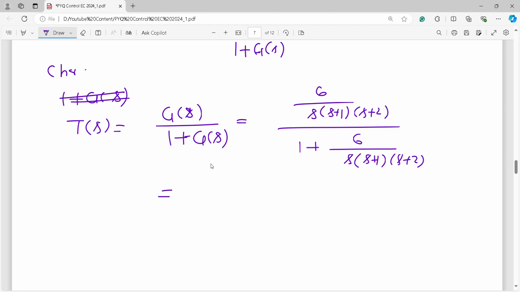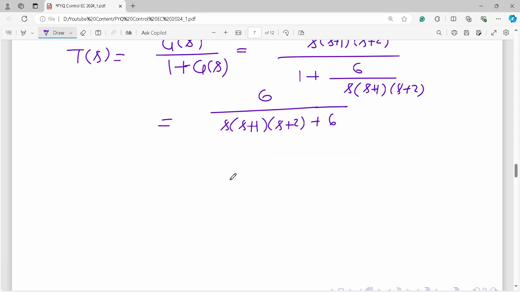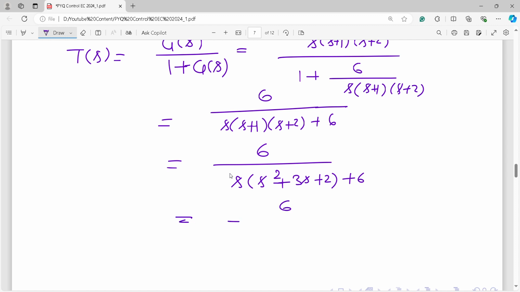So it's coming 6 by, okay, so let's find out. Let's simplify. So it's coming 2s, 2s and 1s, it's coming 3s plus 2 plus 6. Okay, so s cube plus 3s square plus 2s plus 6.